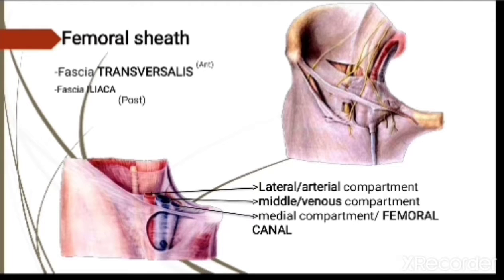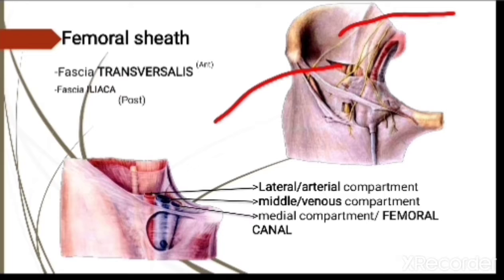This fascia transversalis is the deep fascia covering the transversus abdominis muscle. The posterior layer of the femoral sheath is formed by the fascia iliaca. This fascia iliaca is again the deep fascia covering the iliacus muscle. So in the diagram we can see the iliacus muscle in the iliac fossa, and this fascia is the fascia iliaca.